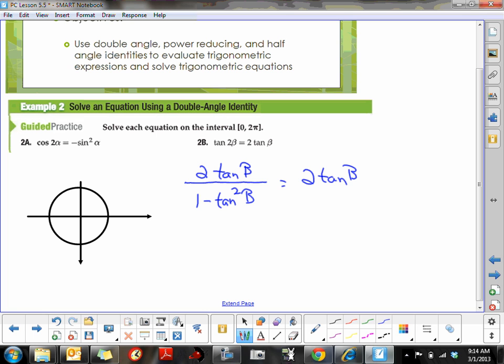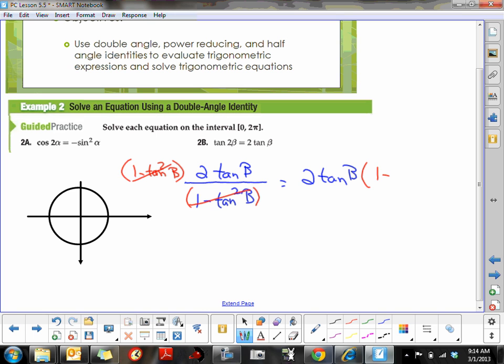So now we have to come up with a way of solving this. Well, everything's in tangent, so that's at least a positive. But what I'd like to do is get rid of this denominator of 1 minus tangent squared of beta. So to get rid of it in an equation setting, we can multiply both sides times 1 minus tangent squared of beta. And when we do that, we'll reduce those.